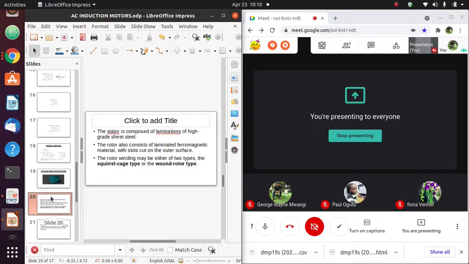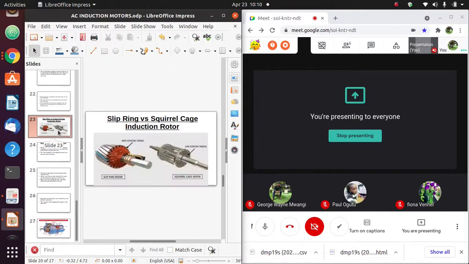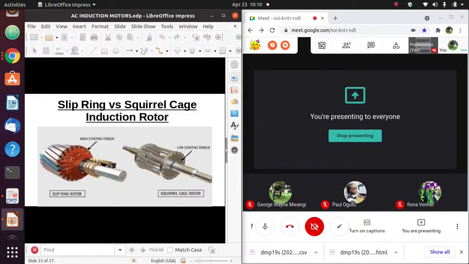Squirrel cage in the sense that the rotor has copper bars or aluminium bars ambazo zimewekwa, they are skewed, meaning that they are parallel to each other but they are at an angle. They are not straight, they are put at an angle.